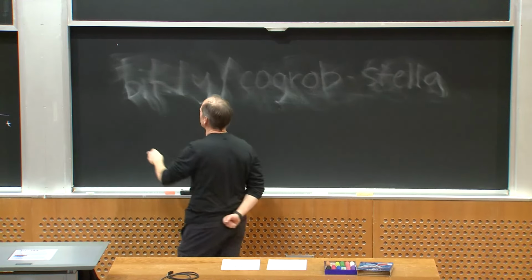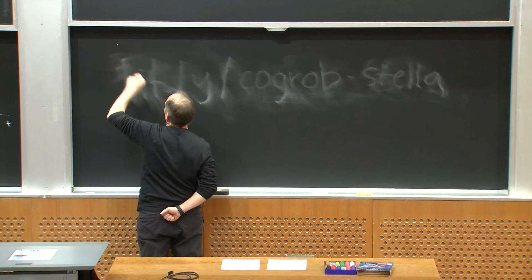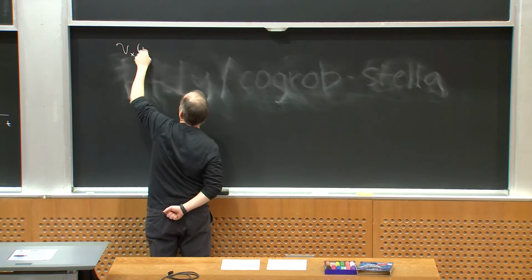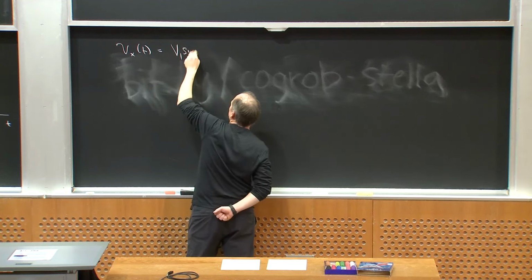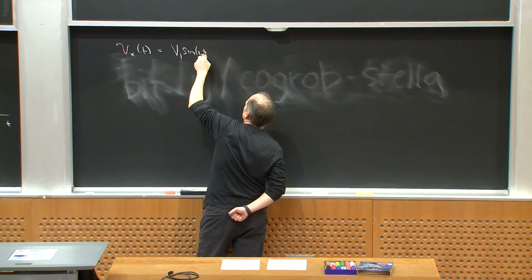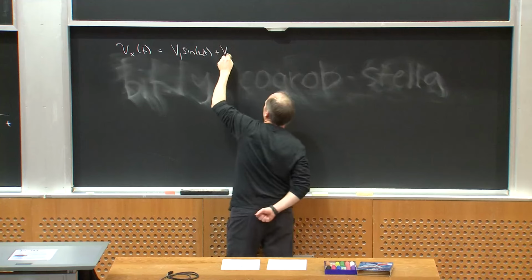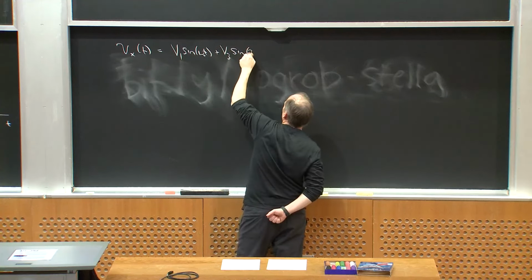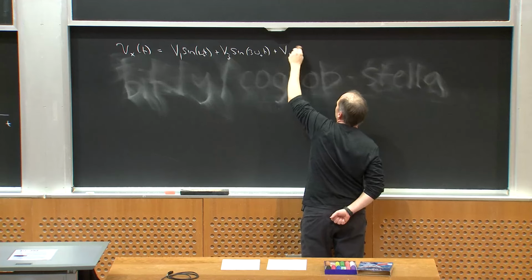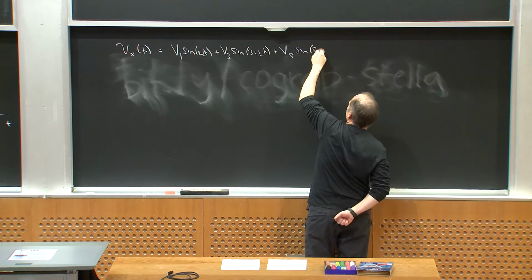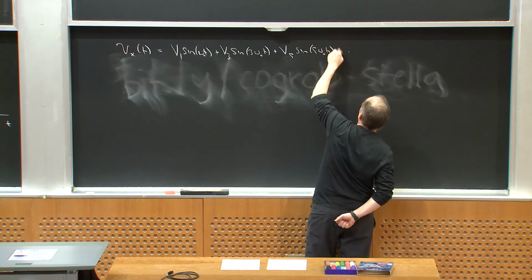So Vx of t I could express as V1 sine of omega t plus V3 sine of 3 omega t plus V5 sine 5 omega t and so forth.